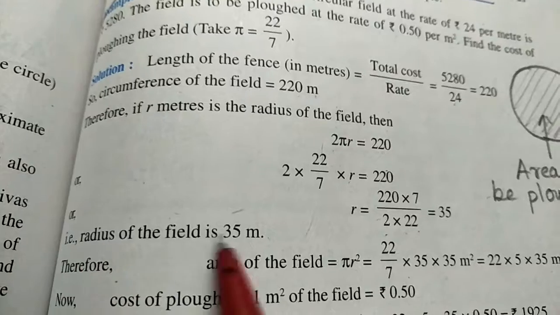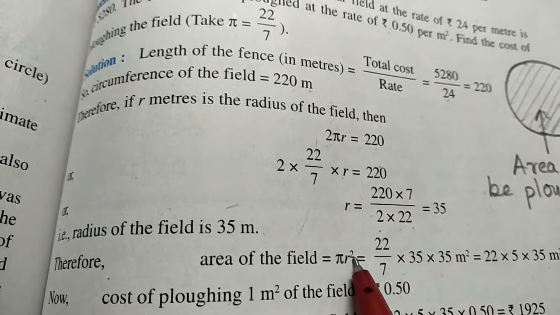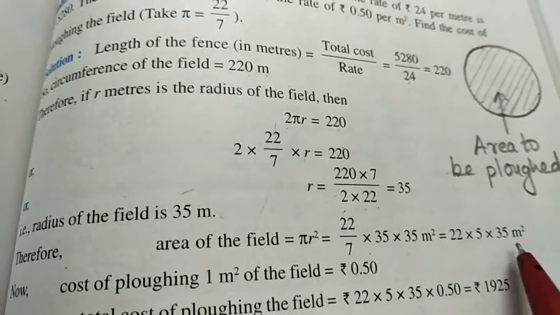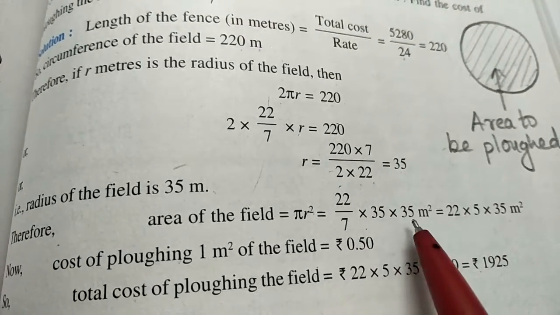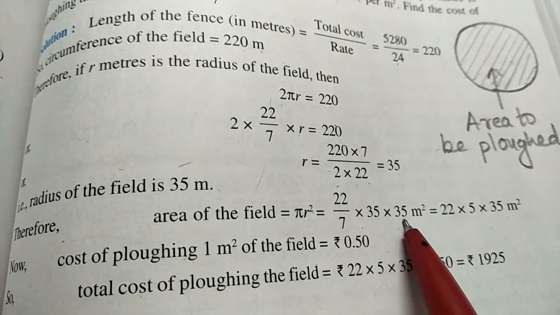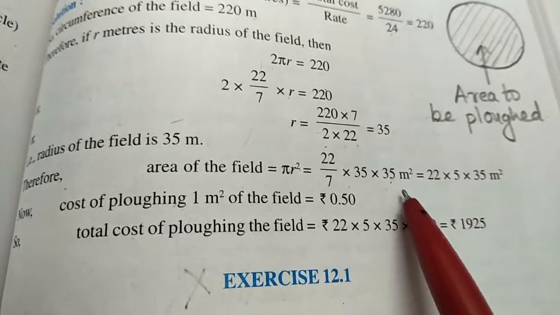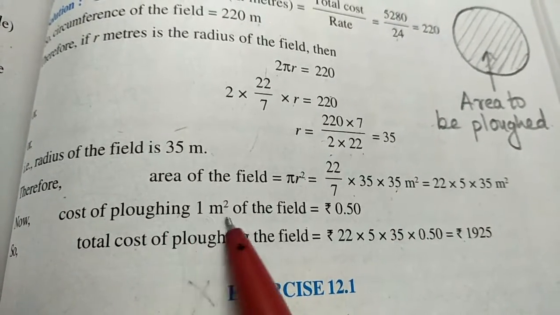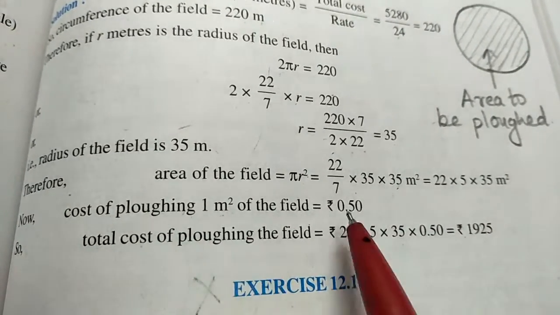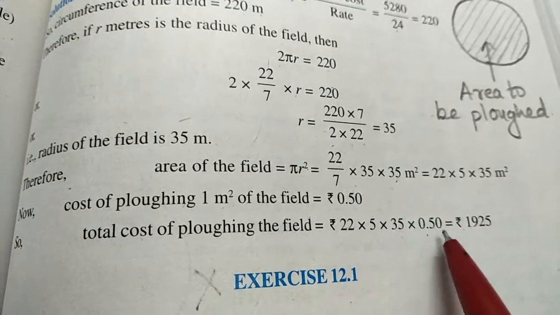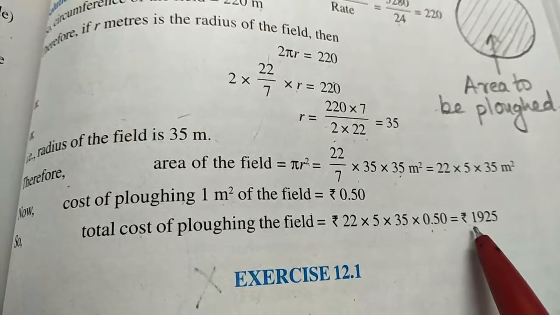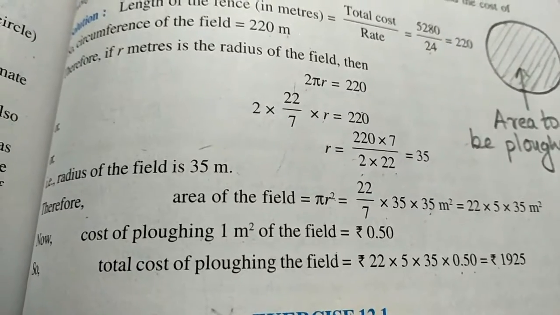Now putting the value of r into pi r square, we find the area. The area will be 22 upon 7 into 35 multiplied by 35. Whatever the area, 1 meter square costs 0.50, so you multiply that by 0.50. That will give you 1925 rupees.